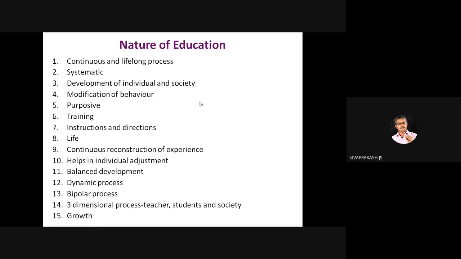But in the bipolar process, the student's voice is always greater than the teacher's voice. So education is a three-dimensional process: teacher, students, and society. It's most important: teacher, students, and society. A teacher is one who bridges the gap between students' personal life and the society's well-being.